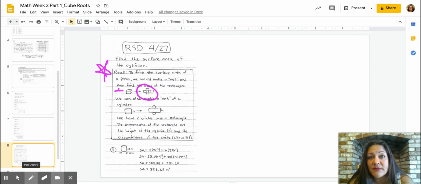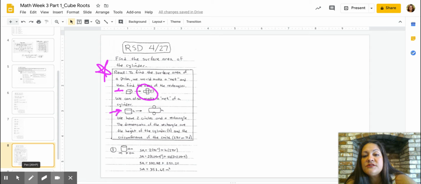In the same manner, we're going to do that with a cylinder. If we were to cut a line down one side of our cylinder and unfold it, it would give us a rectangle and 2 equal circles.